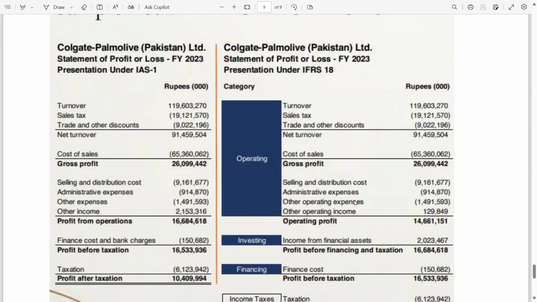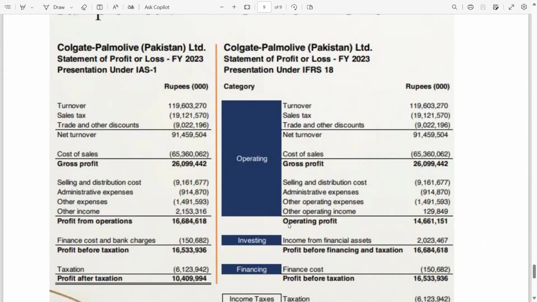Please pay attention and identify the keywords. Other expenses. Now we have other operating expenses, other income, other operating income. In the previous IAS 1, other income covered any kind of income, meaning other than the ordinary course of business.